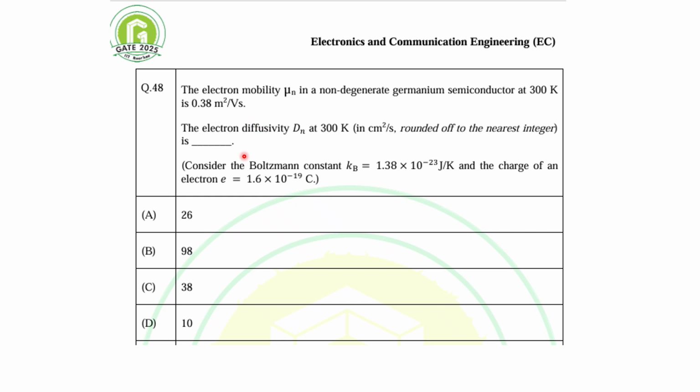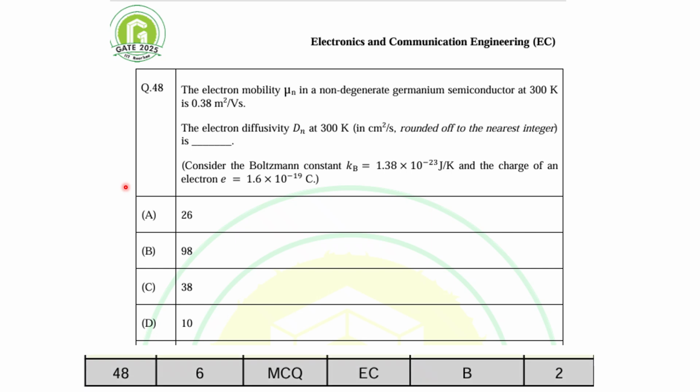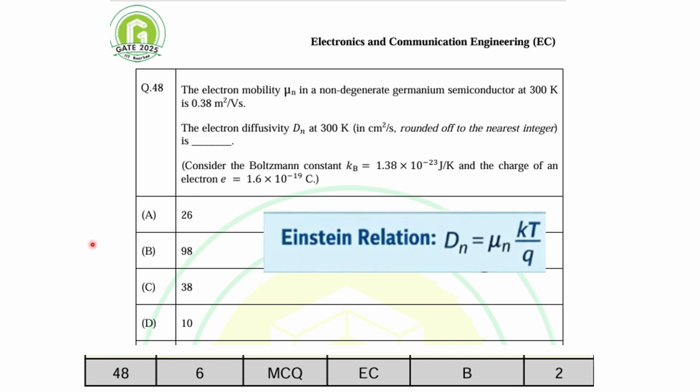And then the electron diffusion constant, Dn, at 300 Kelvin is how much? As per the answer key, the answer should be B, that is 98. How can we find it out?